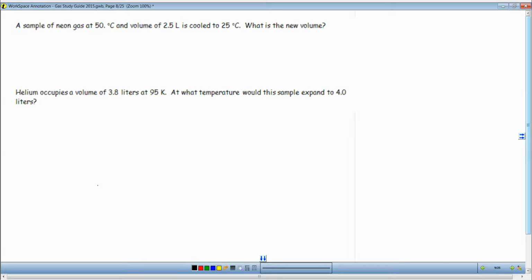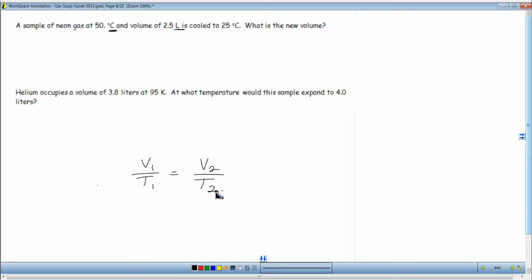So just look at your data set. I have degrees Celsius, which is obviously a temperature, and liters, which is obviously a volume. This is your Charles' law. This is going to be my equation of V1 over T1 equals V2 over T2.